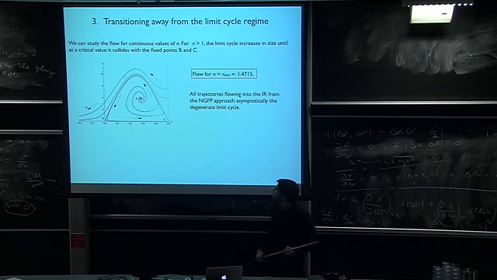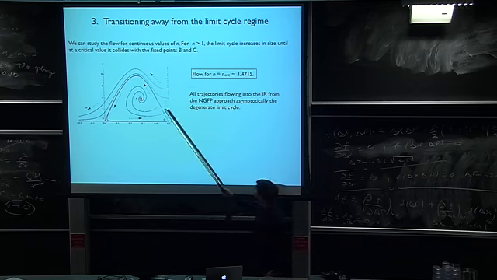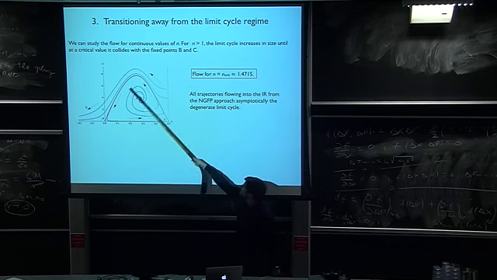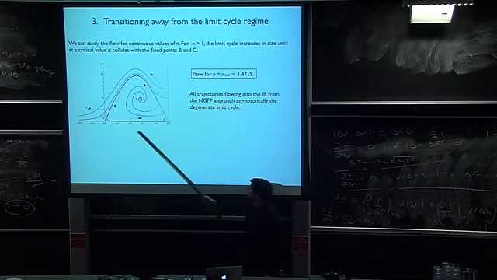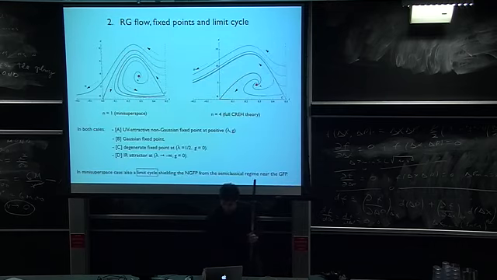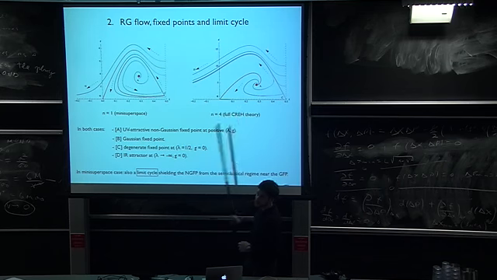So this is a bifurcation event, if you want. At this particular value of n, all the trajectories that leave the fixed point towards the IR will eventually approach this limit cycle, this trajectory that goes back and forth between the degenerate fixed point and the Gaussian fixed point. If you keep increasing n further, you are suddenly again in this kind of regime, and the limit cycle has disappeared.